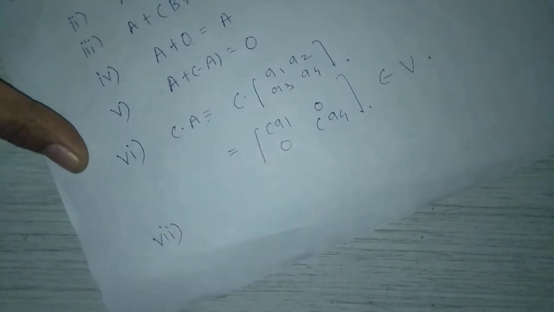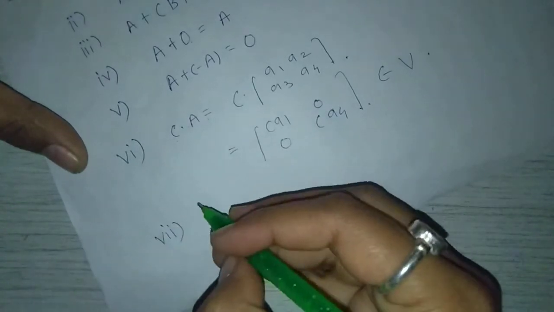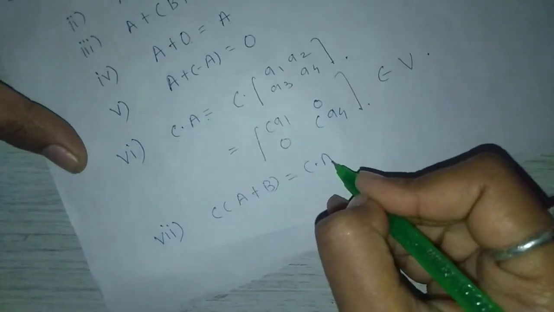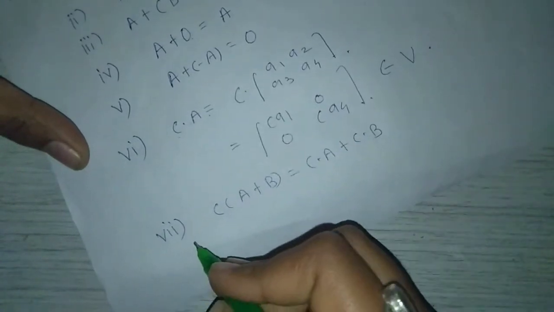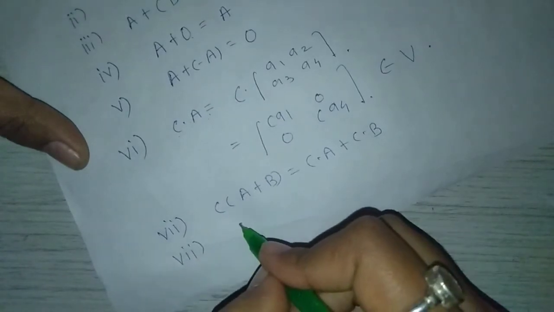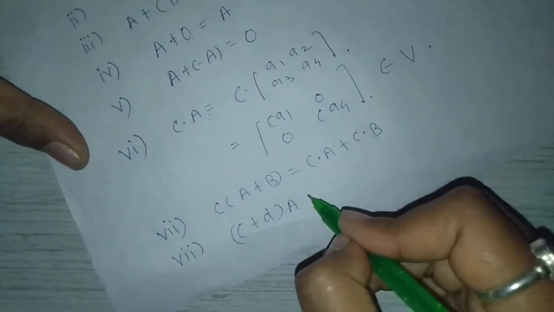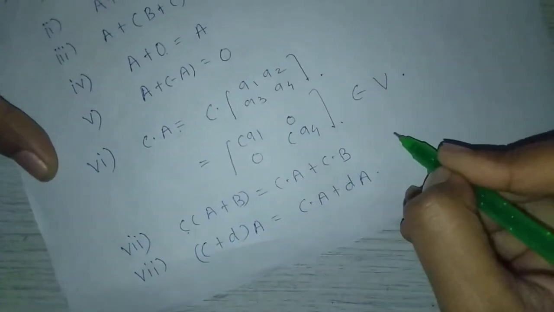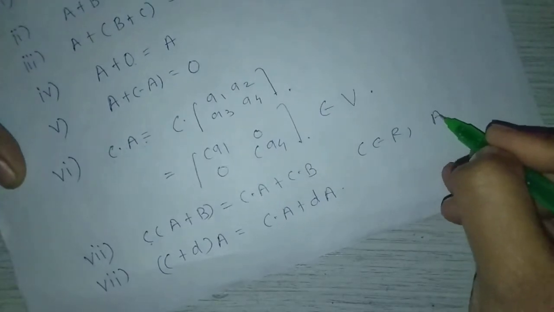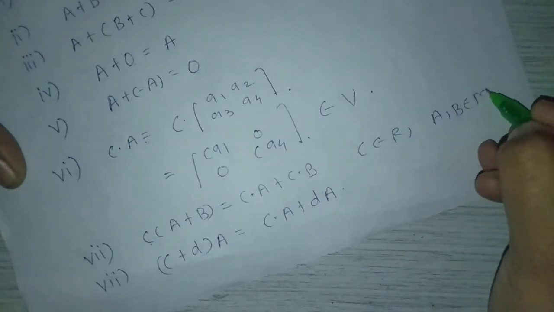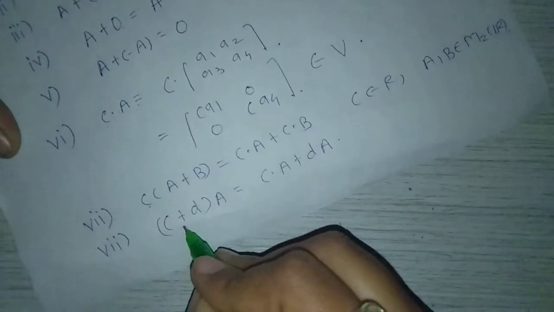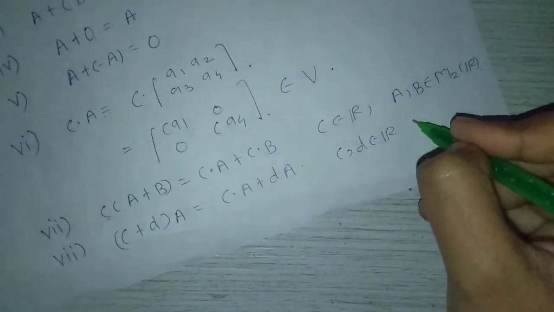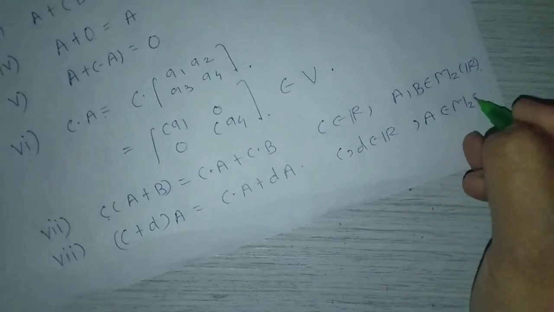Next property, distributive property, C into A plus B equal to C into A plus C into B. Next property is C plus D into A equal to C into A plus D into A. Here C is a scalar, A and B are matrices which belong to M2 of R. Here C and D are scalars and A is the matrix.